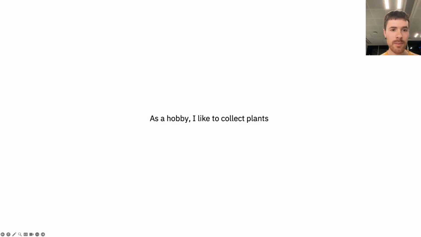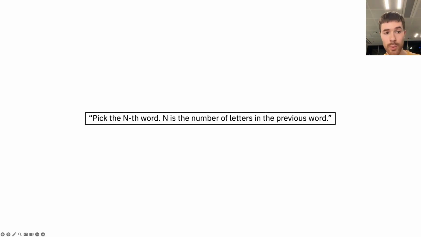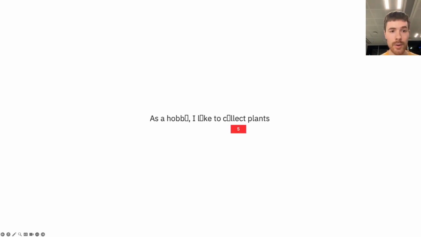And if we talk about watermarks, which was the third type of system, what happens to this? What's going on here? Well, let's just recap a little bit. Again, we have the same phrase, right? As a hobby, I like to collect plants. That was the seventh word. We had this rule in the watermarks that said essentially that you pick the nth word. And how do you choose n? Well, it's the number of letters in the word that is before that word. Now, if we have something like this, we could say, oh, well, this weird thing is not a letter, so probably the word is lagged.